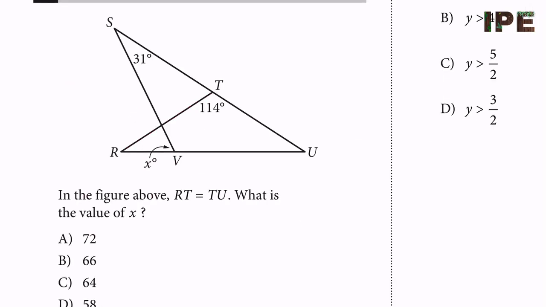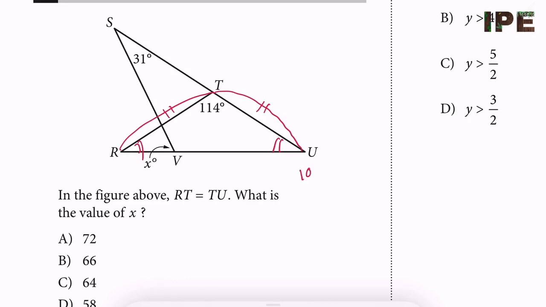Number 4. In the figure above, RT is equal to TU. They are equal to each other. That means triangle TRU is an isosceles triangle. So we know these two angles, right? Because the sum of 3 angles of a triangle is 180 degrees.